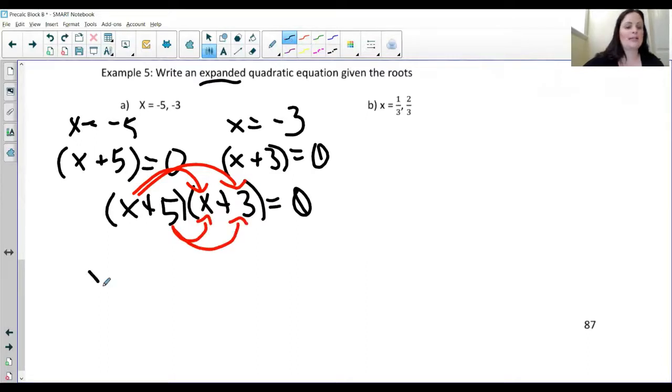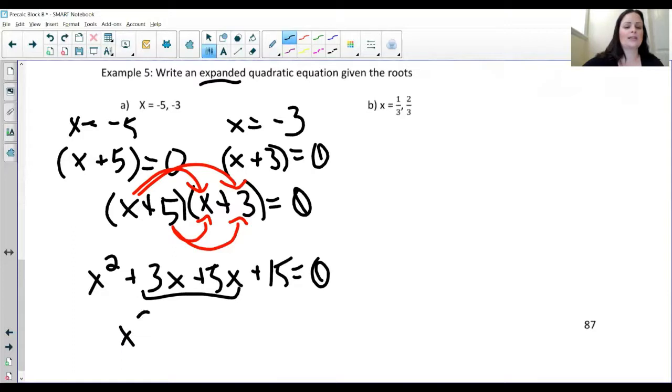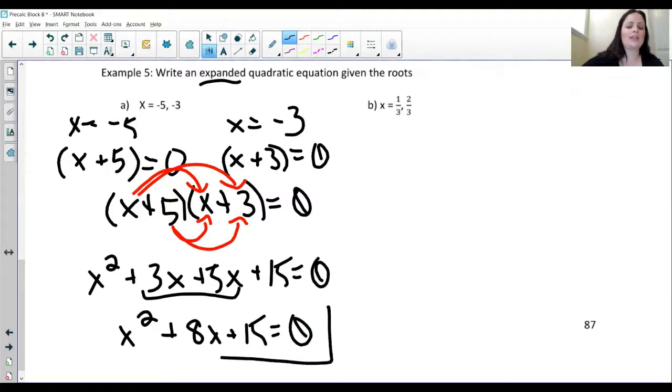So x times x is x squared, x times 3 is 3x, 5 times x is 5x, and 5 times 3 is 15. I have two like terms in the middle, so this becomes x squared plus 8x plus 15 equals 0, and we have now just reverse engineered an equation from the solution.